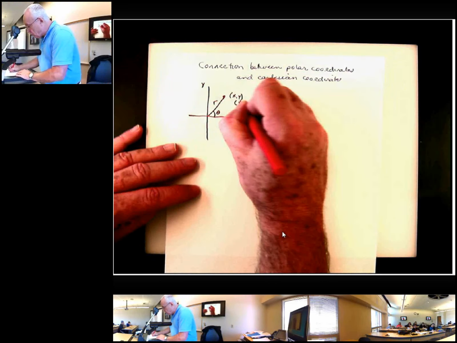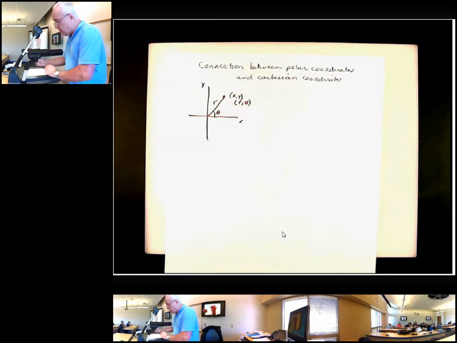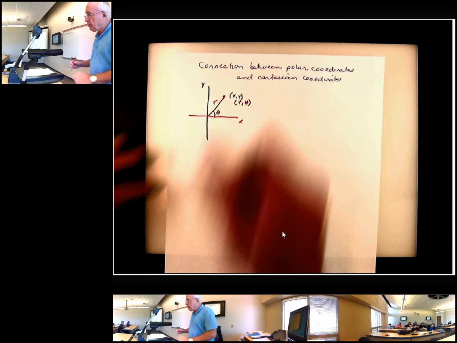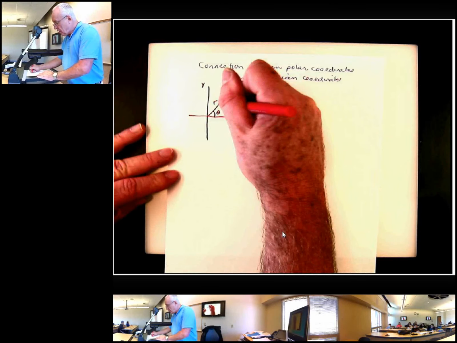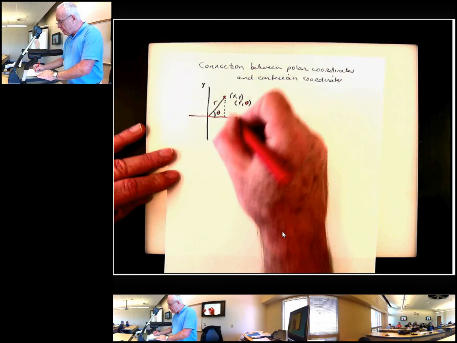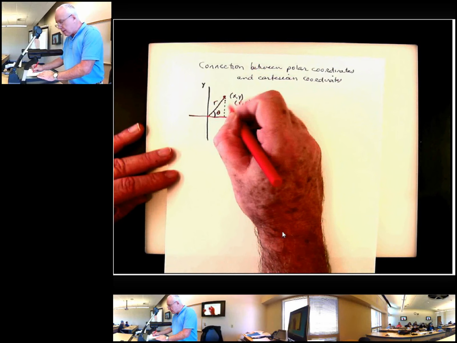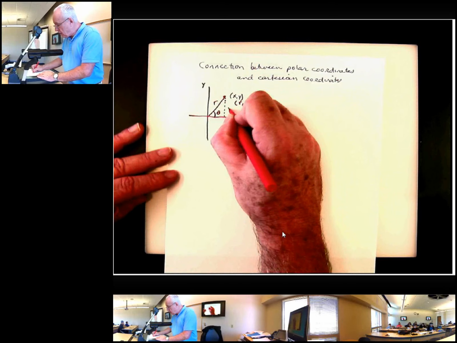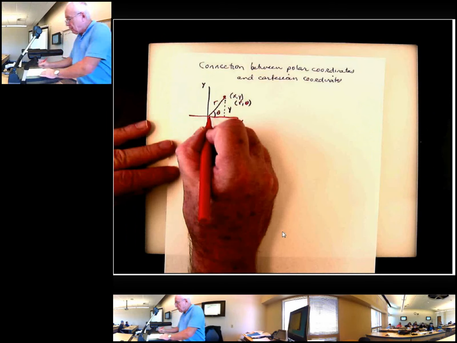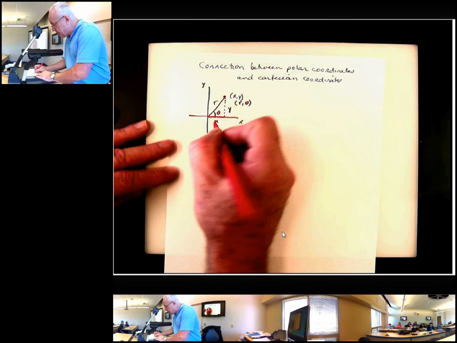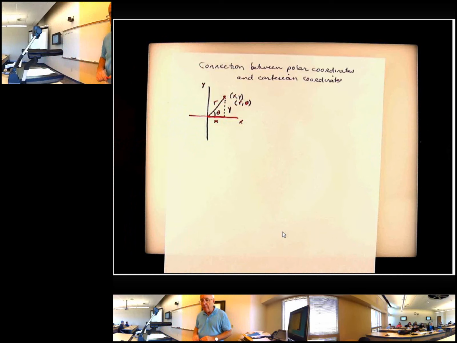So in polar coordinates, this would be represented as r comma theta. Let me drop down a dotted line here. The length of that vertical line is the length of the y value, and the length here is the x value.